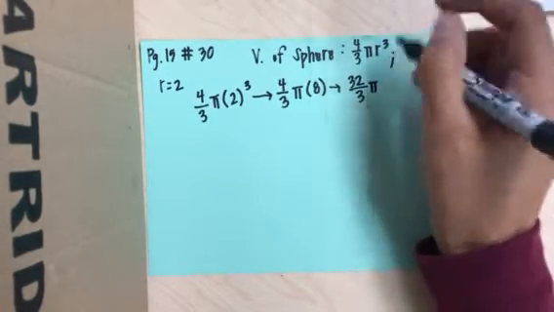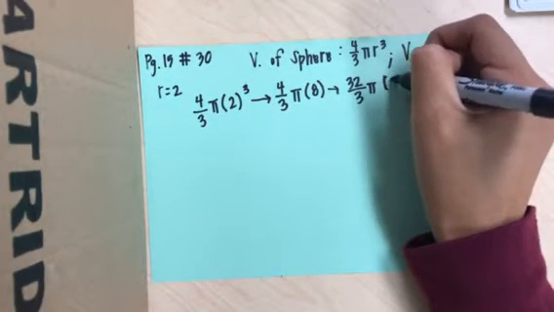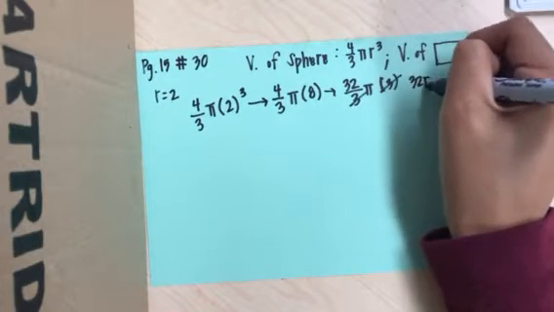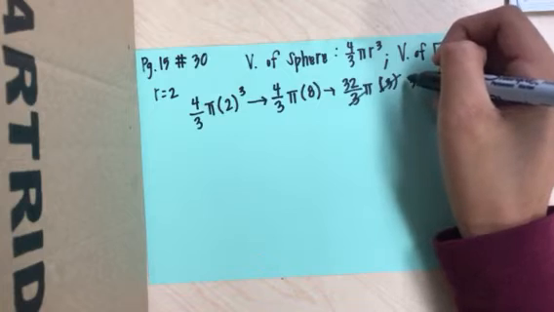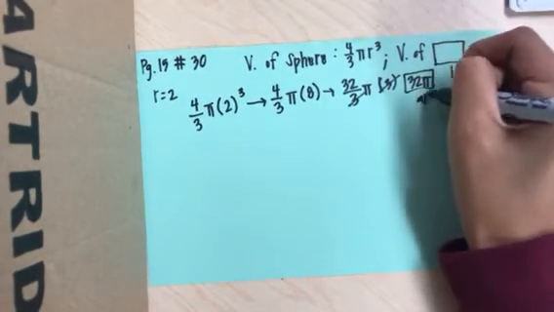We want to get rid of the fraction, so we will multiply by 3. That cancels out, so it's going to be just 32 pi. So that's going to be the volume for all spheres.